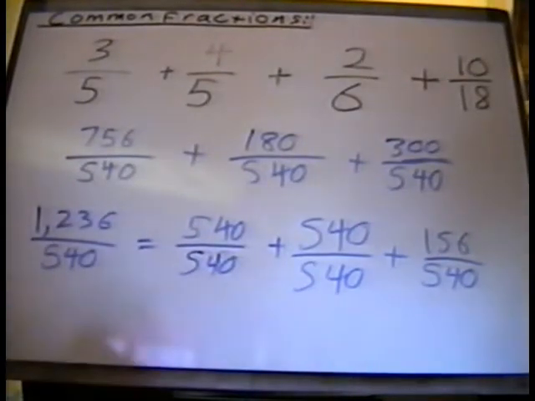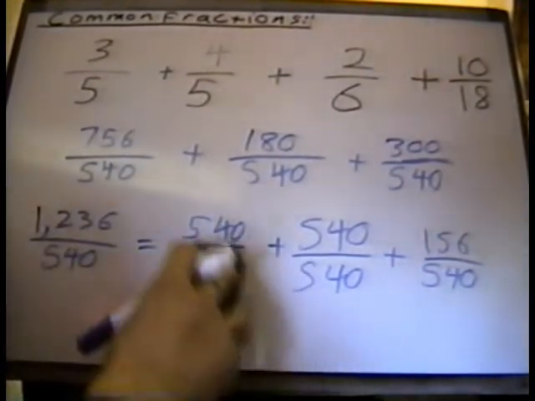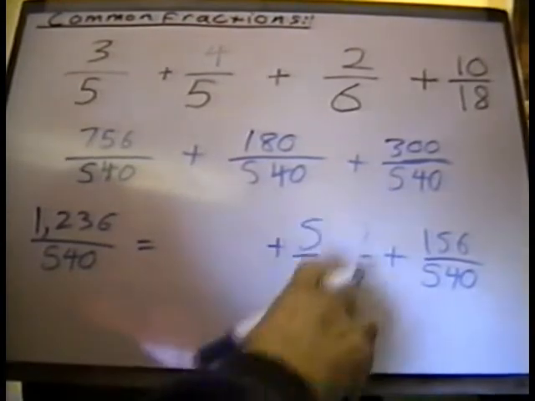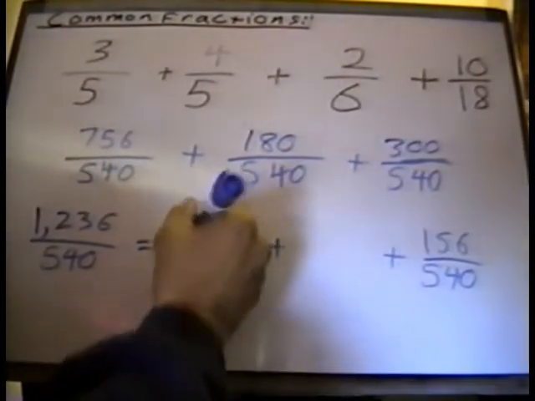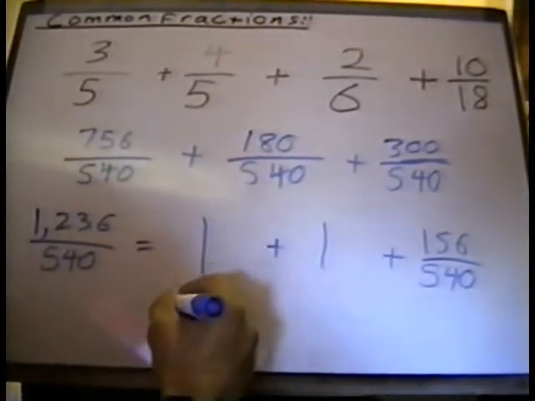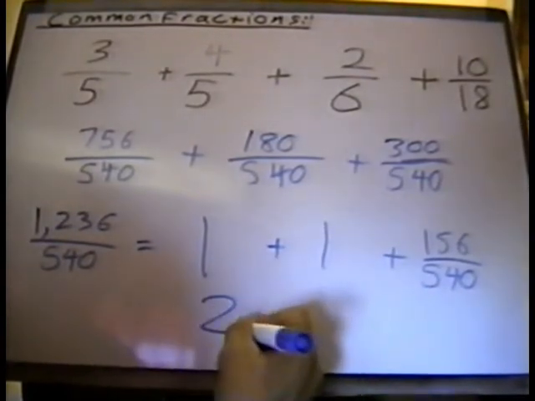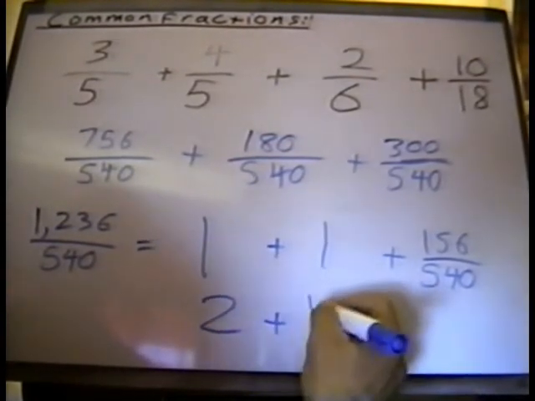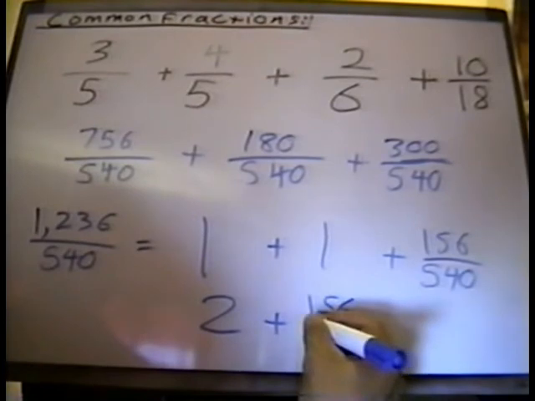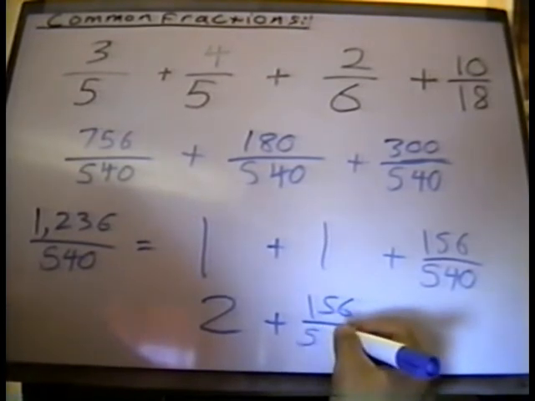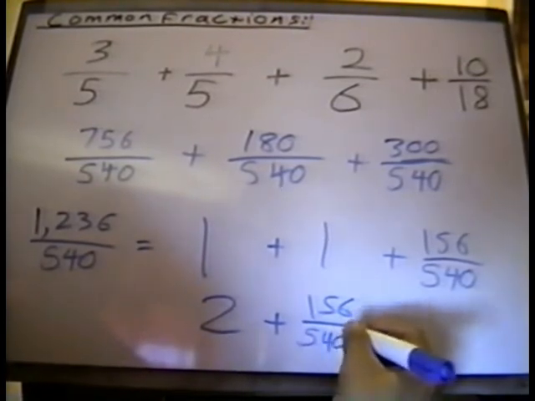Okay? Now anytime you have a number divided by itself, that cancels out to give you 1. Okay, so this becomes 2 plus 156 over 540.